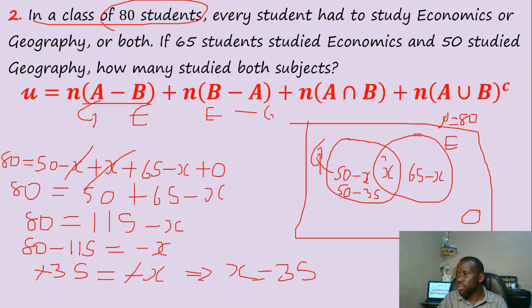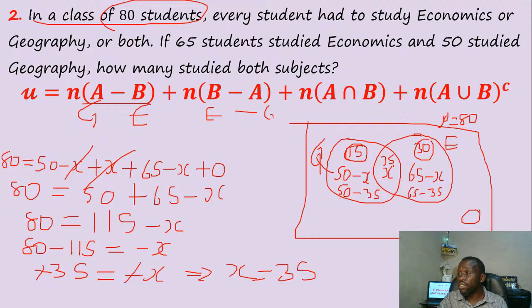Then here will be 35. And this one will be 65 minus 35. That 50 minus 35 should be 15. So let me write 15 and circle it so that we will not make mistake there. That 65 minus 35 should be 30. So let me write 30 and circle that.